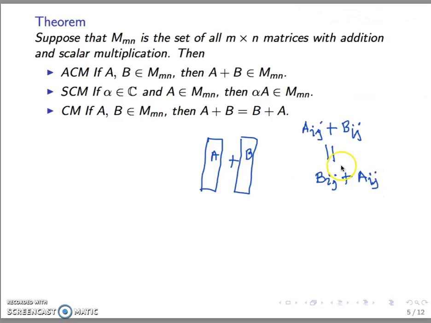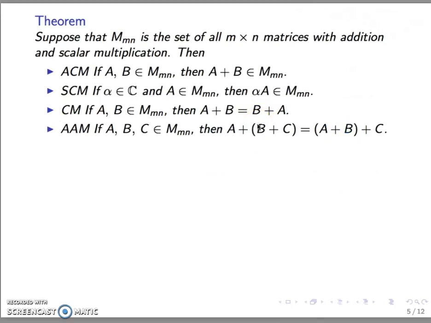And this property of commutativity of complex numbers implies that addition of matrices is commutative. Okay, it commutes. It is possible to have the commutativity on the addition of matrices. That's what this property is about.